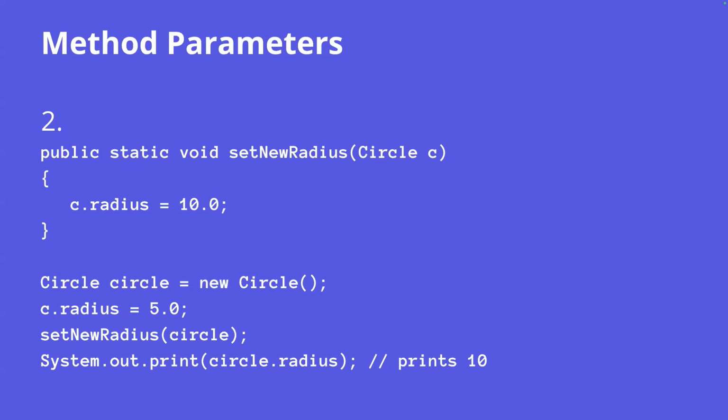So we are creating a new linking variable, circle C, in set new radius, and assigning to the radius field the value 10. Actually, in every method we are creating a new stack, but in this stack we have the link to the same object from the heap memory.